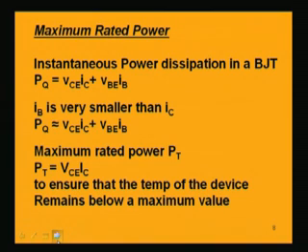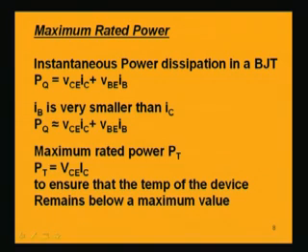But another power is also dissipated in the base, due to base current, and the power dissipated in the base region is VBE into IB. So, these instantaneous power dissipations take place in the two portions of the transistor, the collector and the base region.